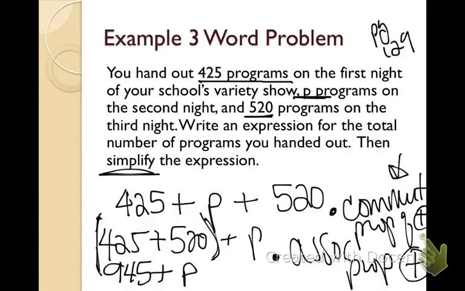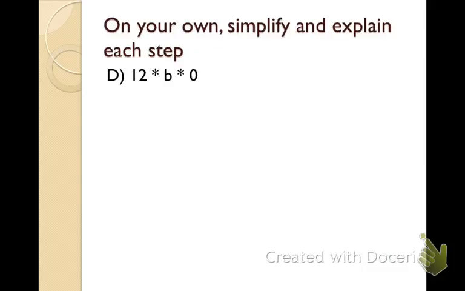So now you're going to try some on your own. So again, you should see the text box on the right. So I couldn't add the little dots, so my little stars are my multiplication. So you want to simplify and explain each step. So again, just give me a final answer in the text box on the right. But your notebook should explain each step that you have done along the way.